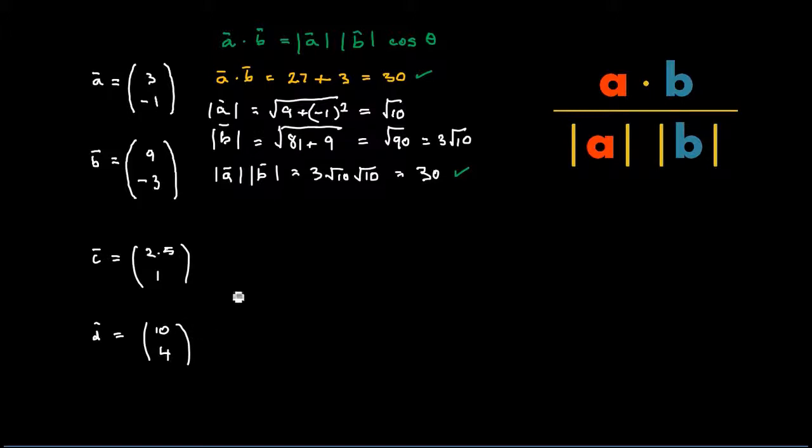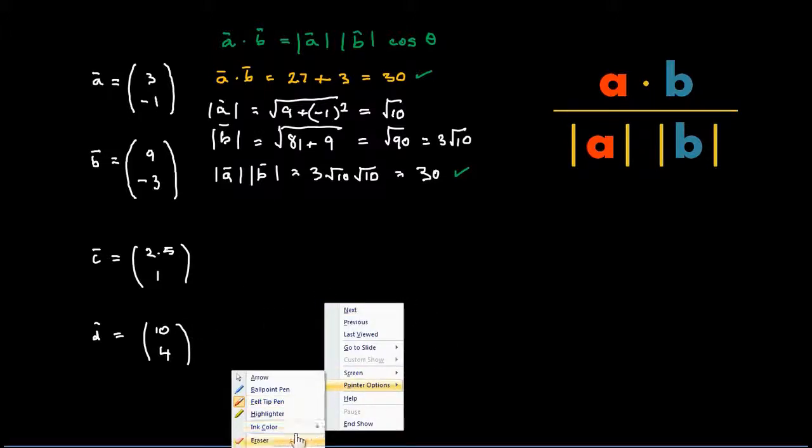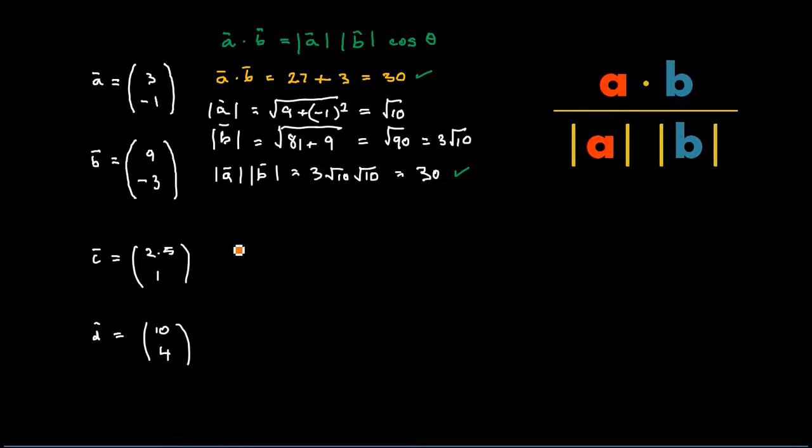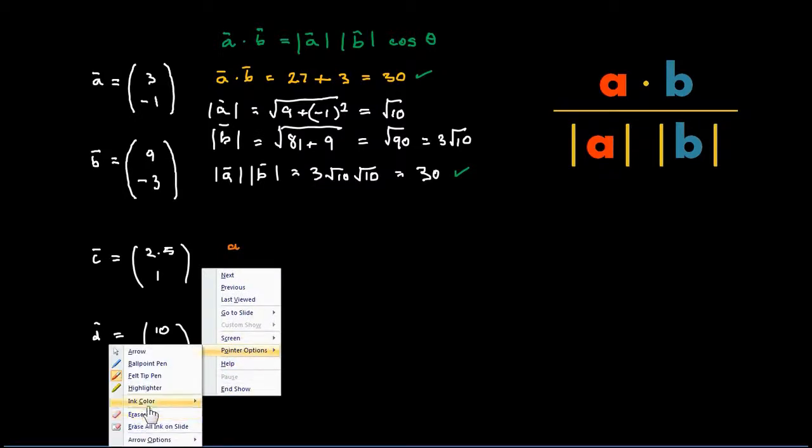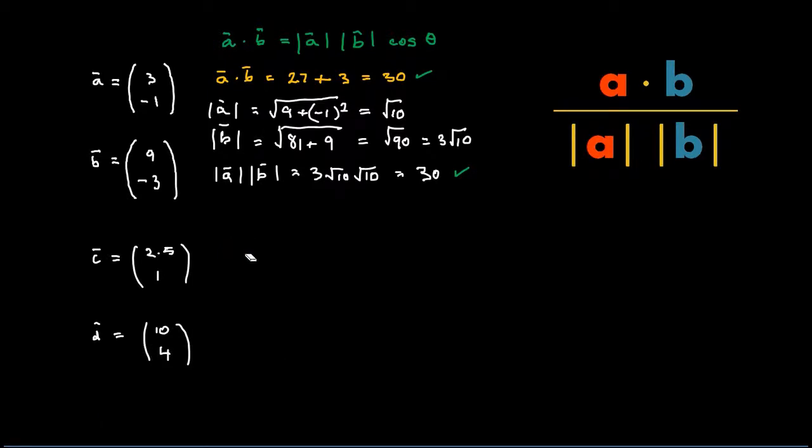Okay, let's start with the dot product. I'll change my pen so you can see the difference here nice and clearly. So the dot product of vector C and vector D. For the dot product, we multiply the two vectors component-wise and then add those together to get a scalar.